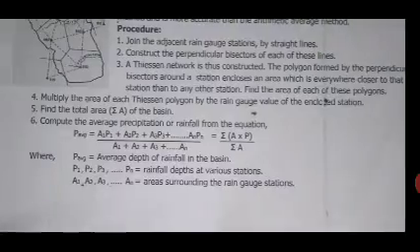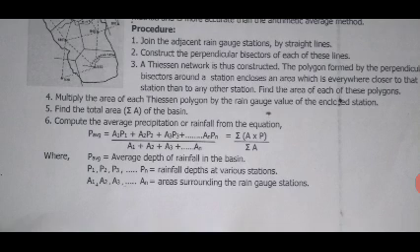So what is the procedure for calculating the average? First, join the adjacent rain gauge stations by straight lines. Second, construct the perpendicular bisectors of each of these lines.